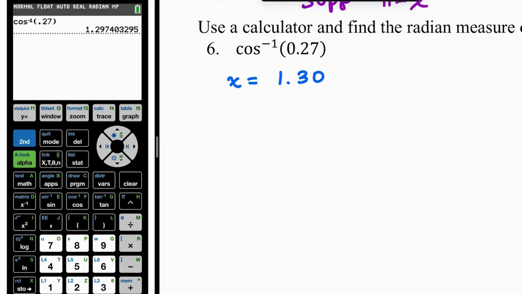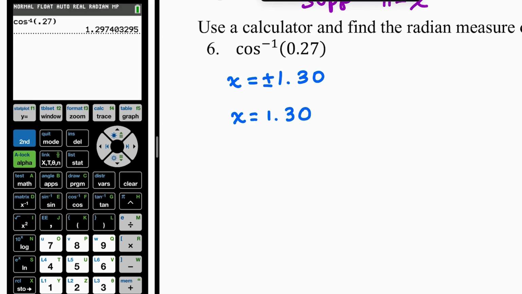But the rule for cosine is that it's plus or minus. The directions tell us that our answers should be between 0 and 2 pi, which 2 pi is about 6.28, including 0 but not including 2 pi. Well, positive 1.30 is between that range, so sweet, that's in the interval of answers.